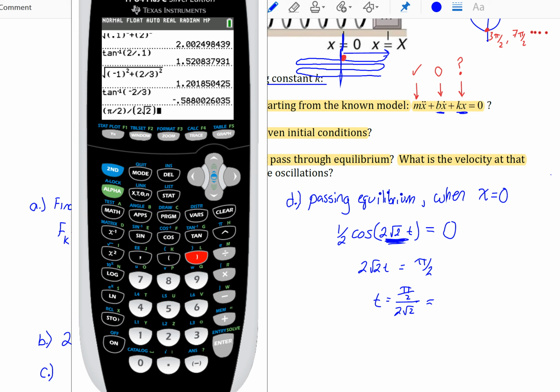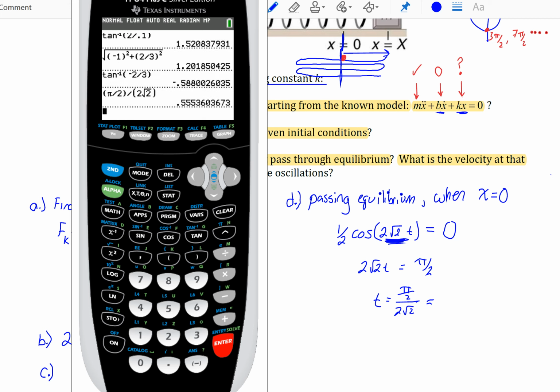It looks like this should be about, I'm going to round this to 2 decimal places, 0.56 seconds. So it takes a little over half a second to first pass through its equilibrium position.